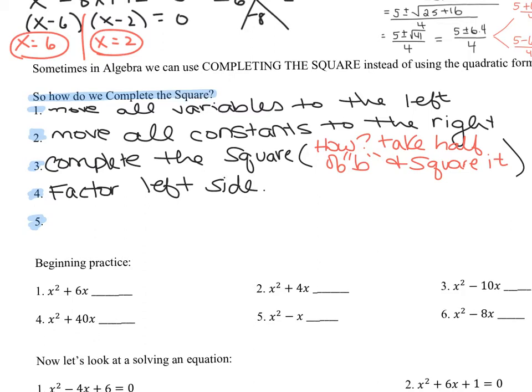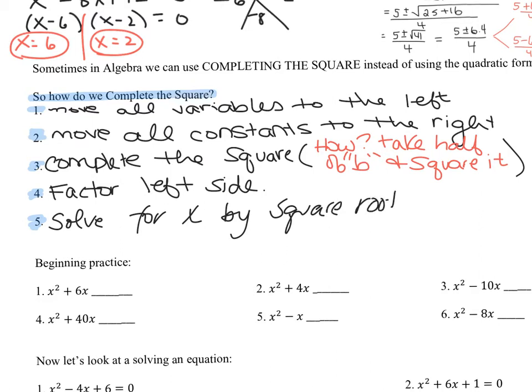Step 5, I'm going to solve for x by square rooting first. So these are my 5 steps on how I would complete the square.